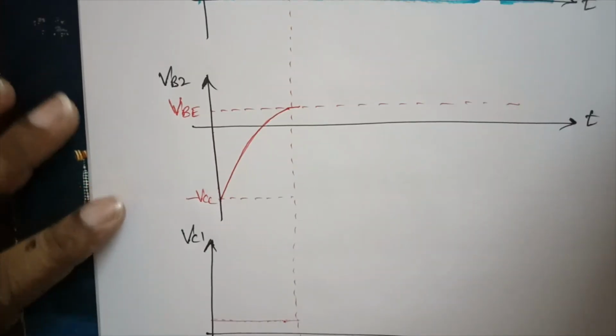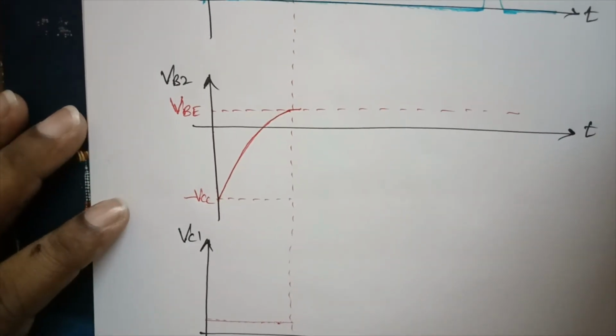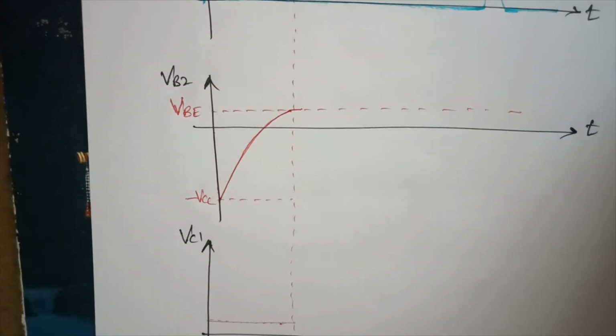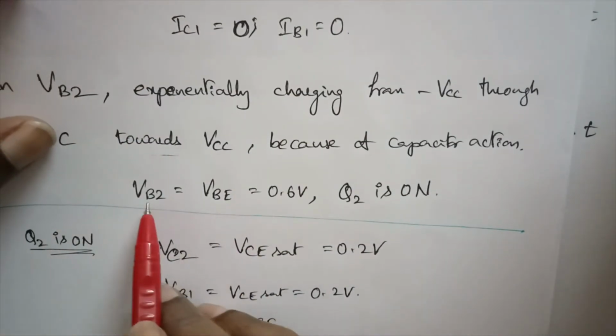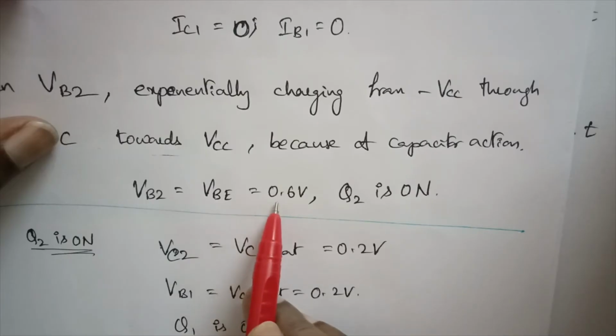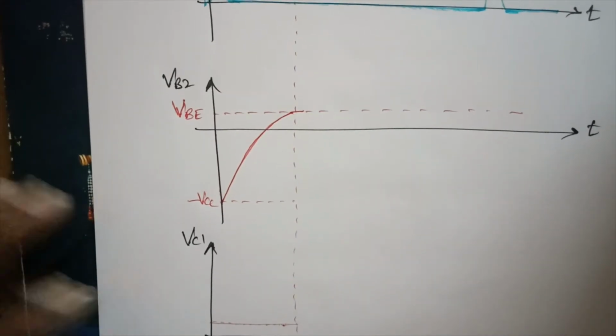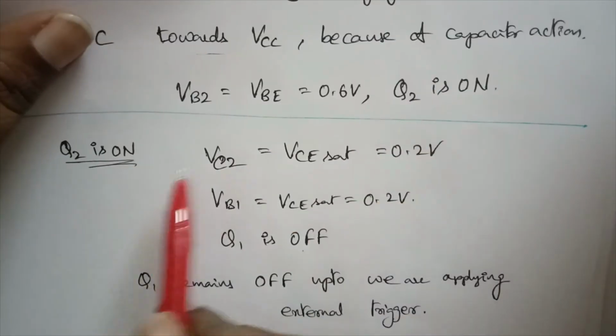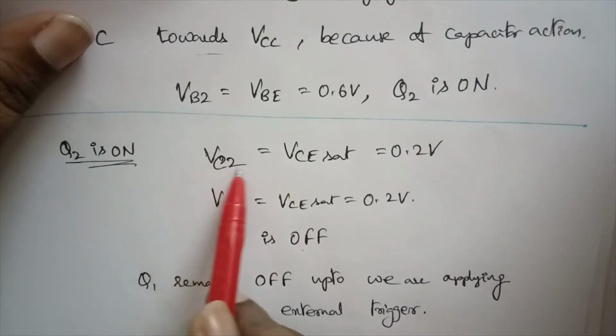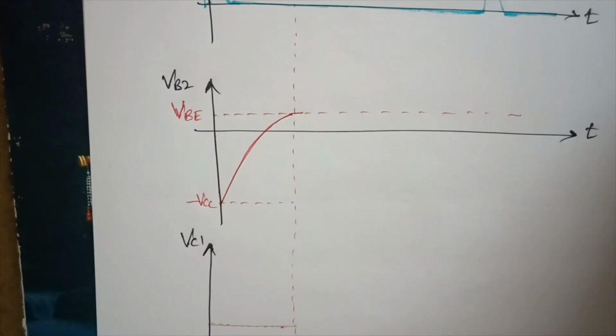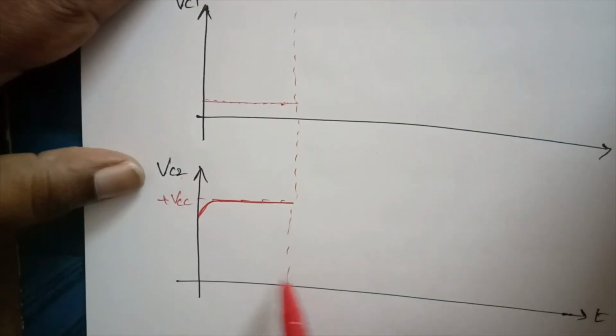After this point what happened? When VB2 value increases to the VBE value, then Q2 is on. Once Q2 is on, what about the VC2 value? VC2 value is VCE sat.